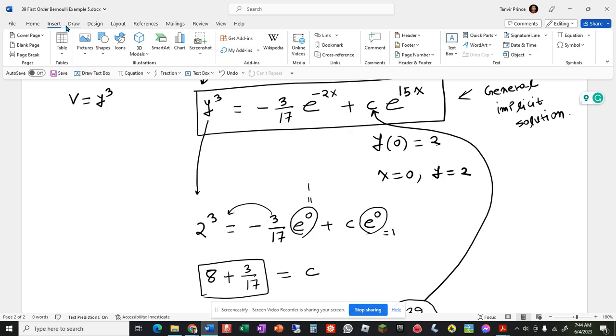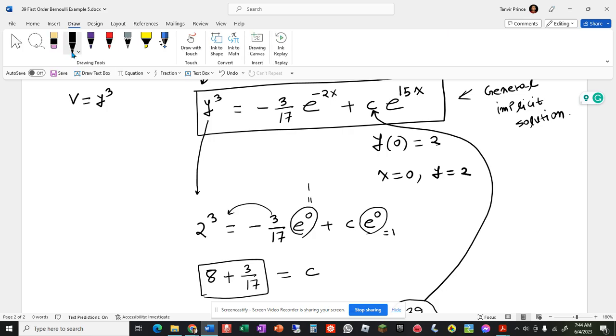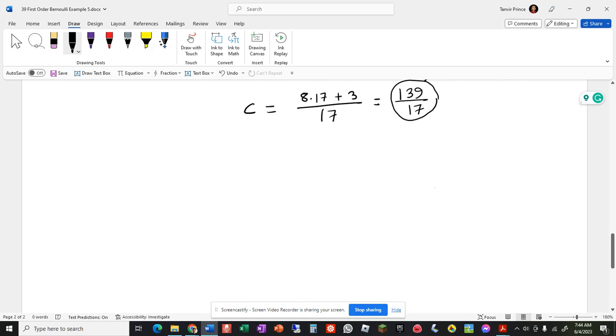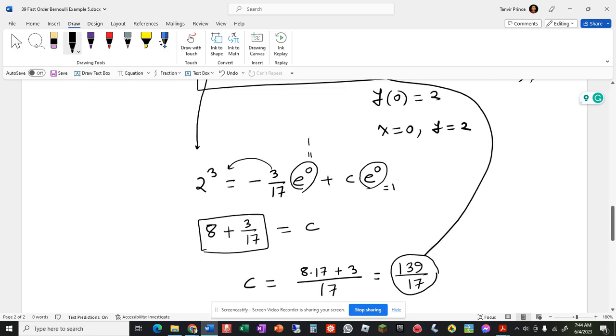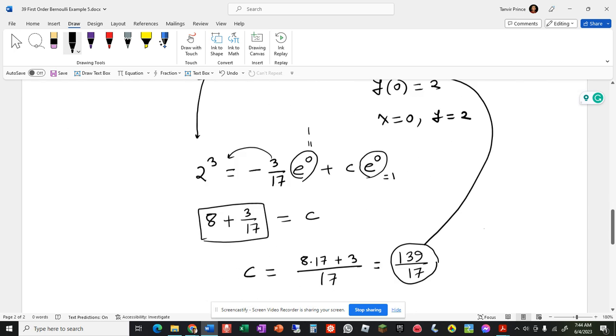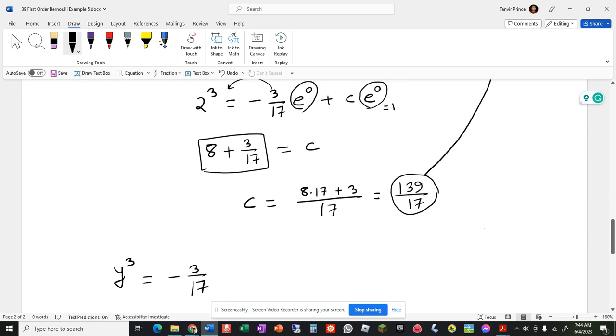So let's just write down the final specific solution. So I'm going to copy everything. So I'm going to copy y cube equal to negative 3 over 17 e to the negative 2x. Let me just make sure I don't make any mistake.